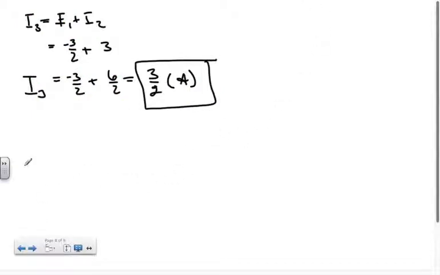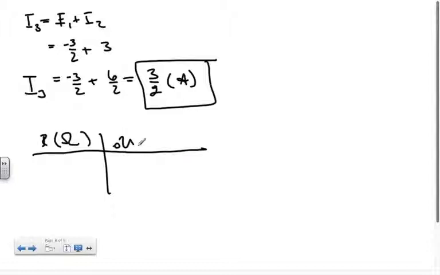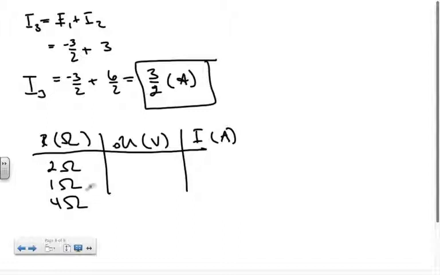So when I do this, I like to set up tables. And so we know this is the resistance in ohms, potential difference in volts, and of course the current, which is in amps. And of course we have the 2 ohm resistor, the 1 ohm resistor, and the 4 ohm resistor.